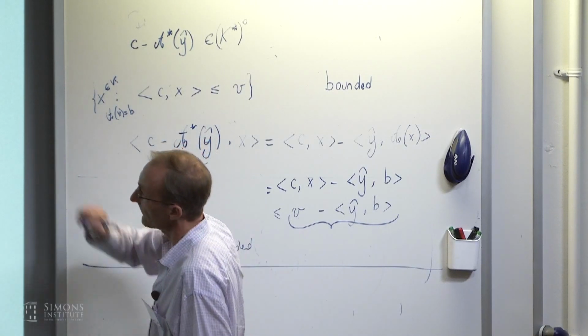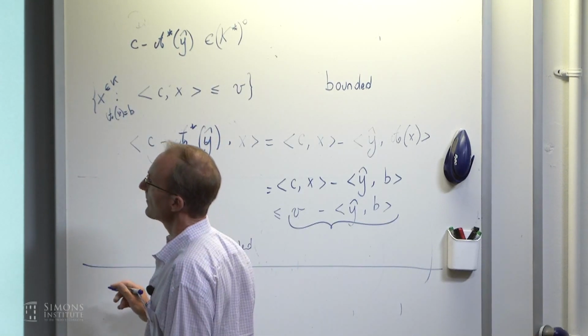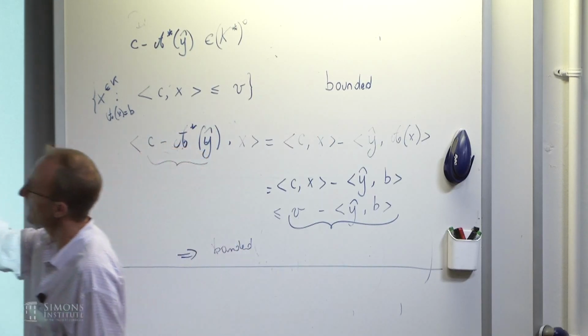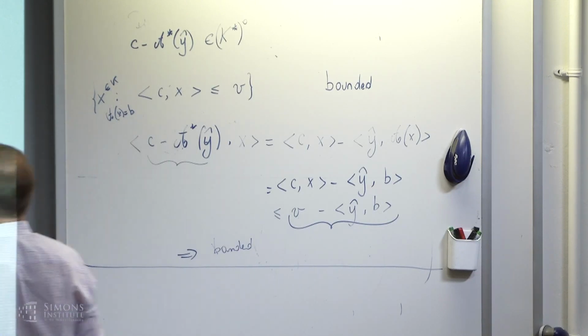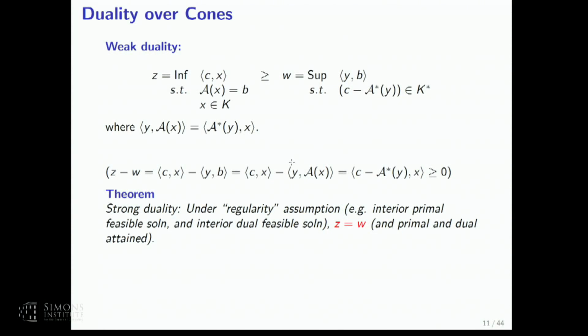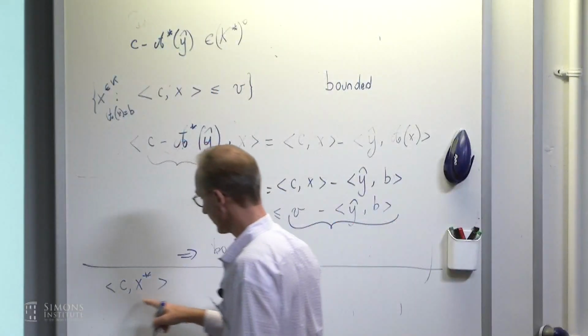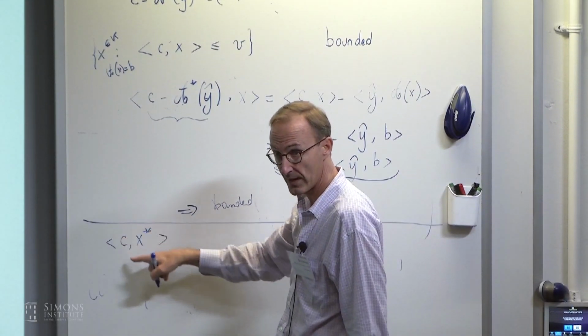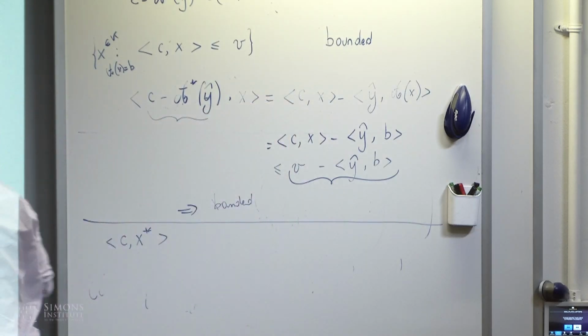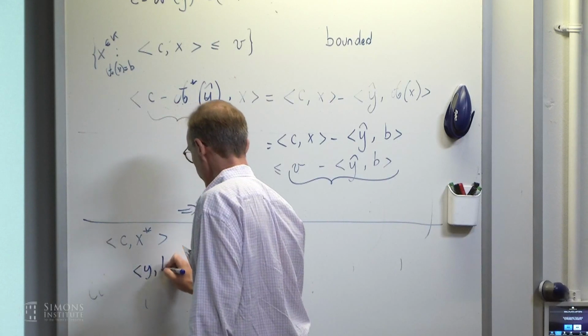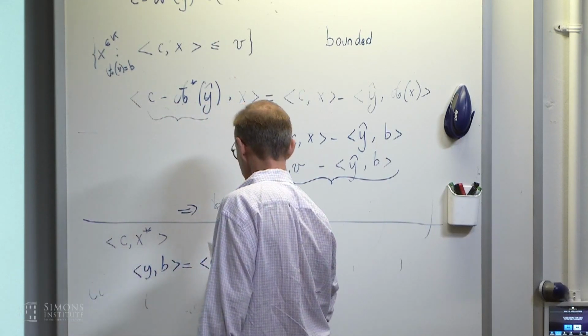If that's attained, then in terms of the supremum, you can easily use the separating hyperplane to show that you'd like to find a y that achieves the value of the optimum. I told you that the primal is achieved, so that's the optimum value for the primal. Now I'd like to find a y such that yb is equal to Cx star.